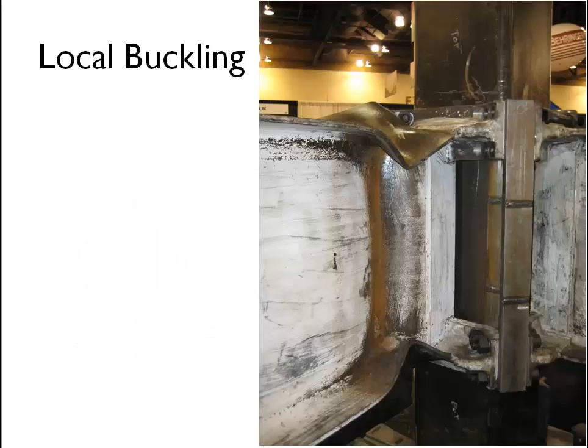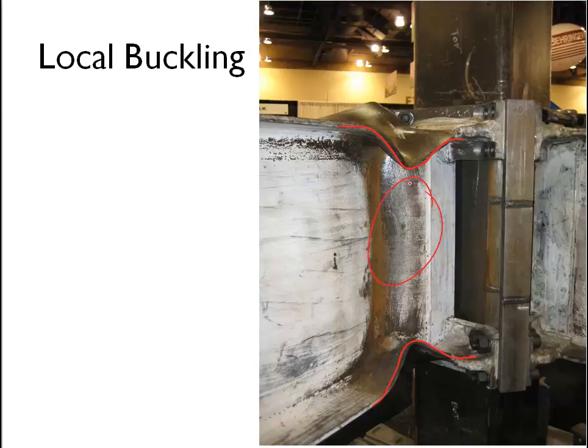So here's a photograph that we looked at before pertaining to the plastic moment, but here I'd like to focus on the local buckling that's occurred in the flange. You can see that the local buckling has occurred in a half sine wave, and this is a typical form of local buckling. You can also see that this corresponded with some local buckling of the web.